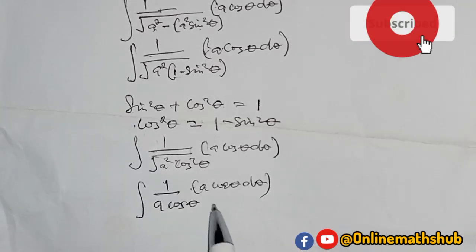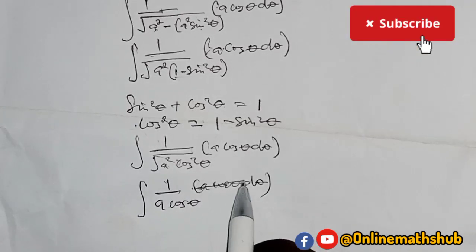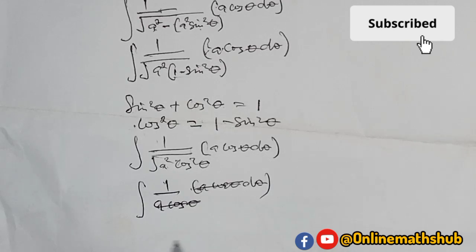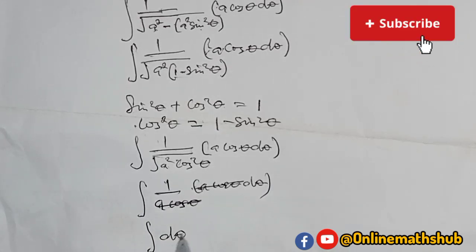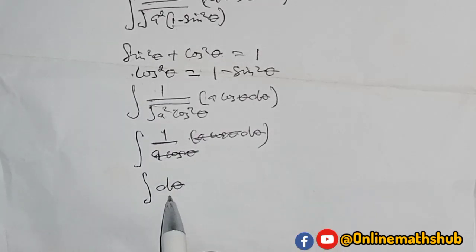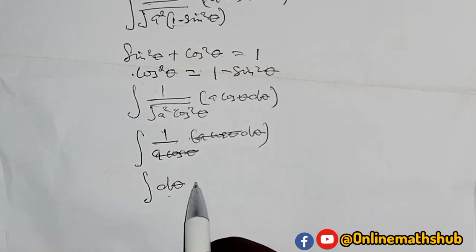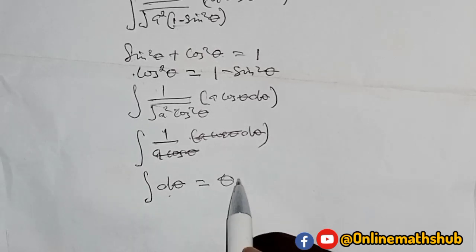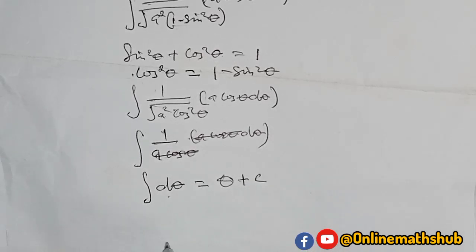Clearly you can see that a cos theta will cancel a cos theta here, and my integral now turns to the integral of d theta. If you integrate this, what you're going to have is theta plus c, and that is a constant of integration.